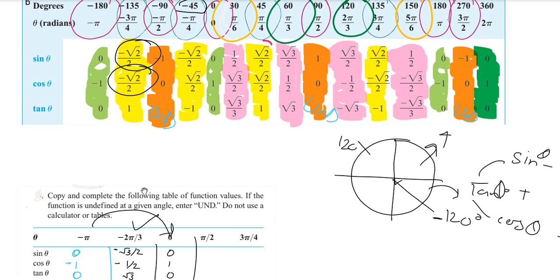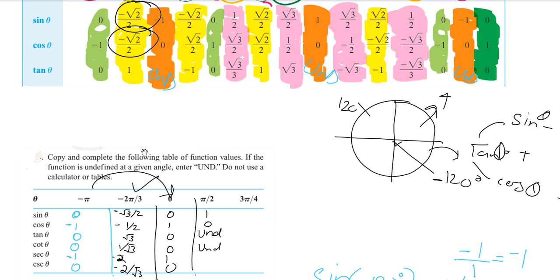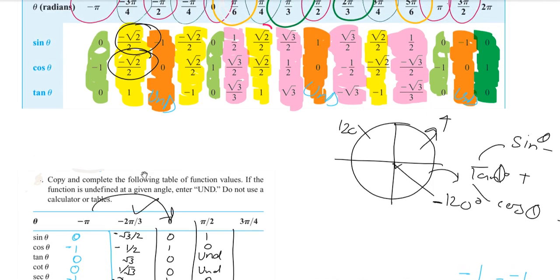So we can easily write those values over here, and you can write undefined over here and again over here 0 and 1. All right. So the last one is 3 pi over 4.